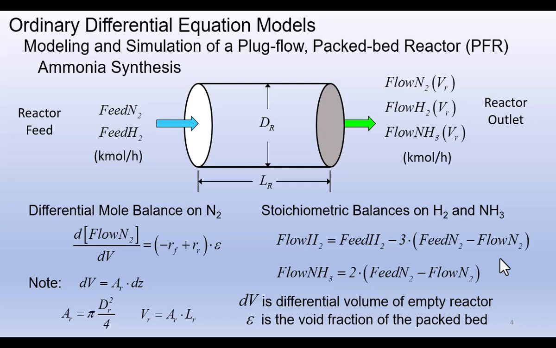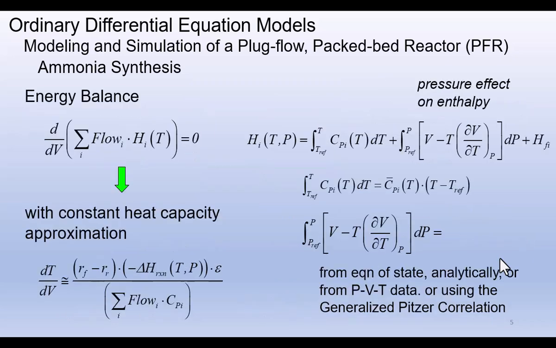But as we move on and consider the energy balance and the fluid flow or momentum balance, things become more complicated. So the overall energy balance is a conservation of enthalpy rate, and that is given by this equation here, where we've got the sum of the flows of the components and their individual enthalpies equal to zero by conservation of energy.